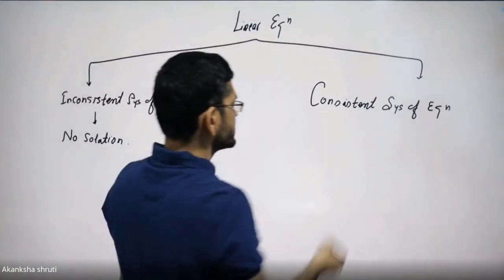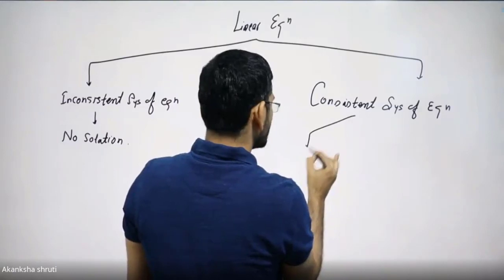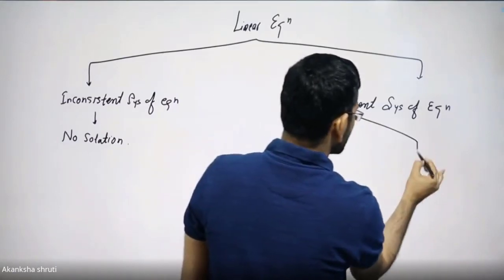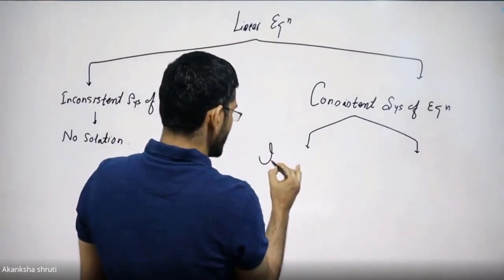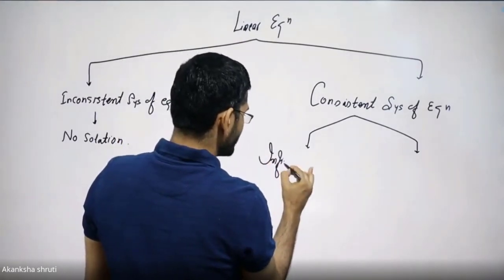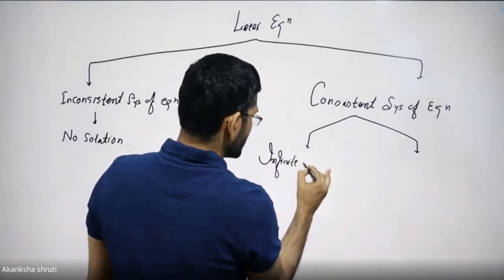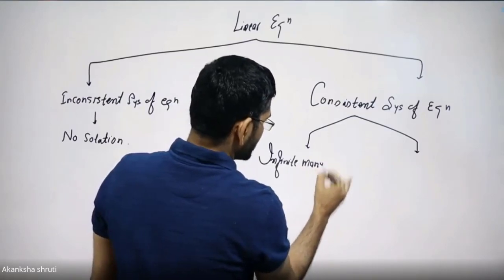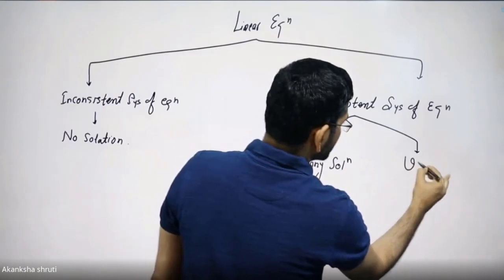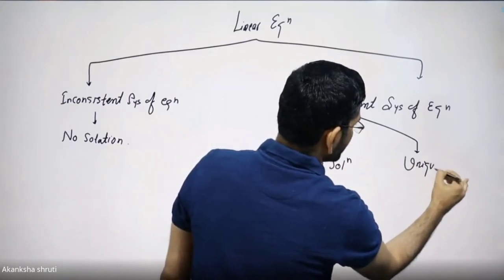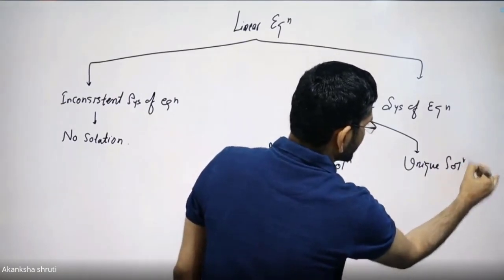For the consistent system of equations, two situations arise: either infinite many solutions, or unique solution.